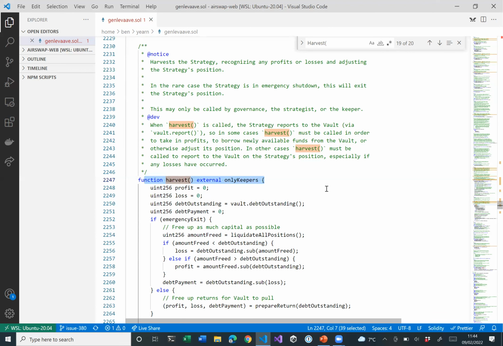Yeah, you can. An external contract cannot call a function that is marked as internal, but within that strategy contract, you can call internal functions.